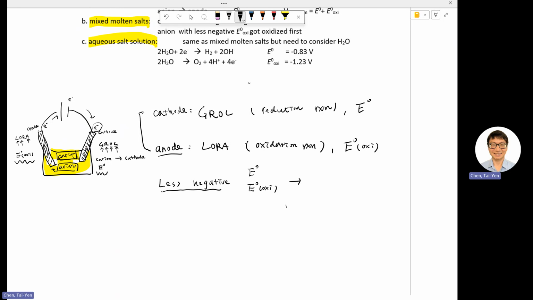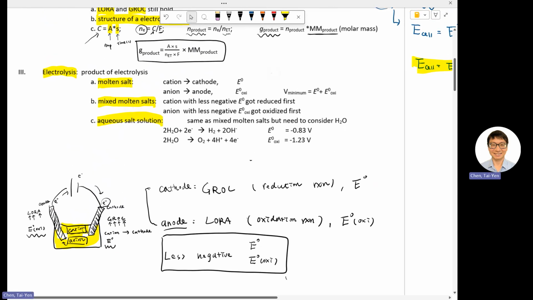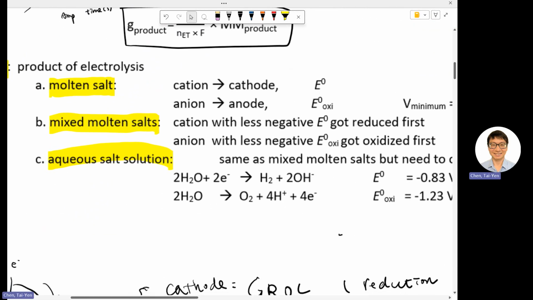This is the thing that you will always need to use to make the judgment. Those are the general concepts. So let's talk about these three different cases specifically.